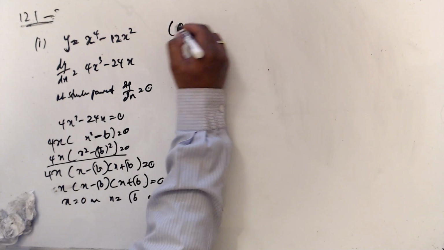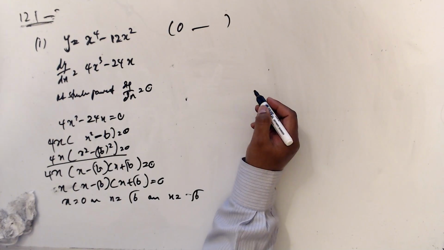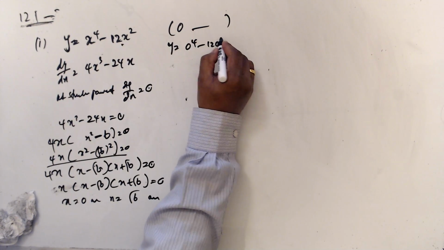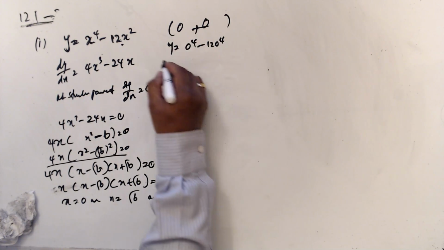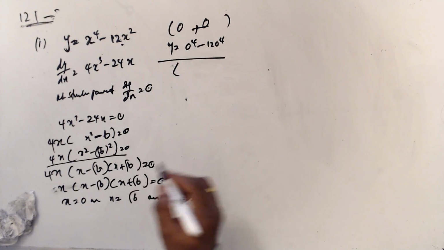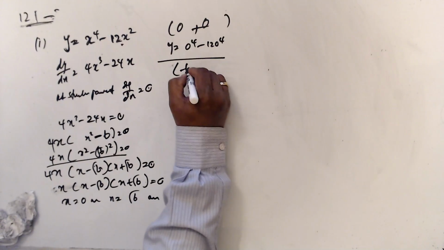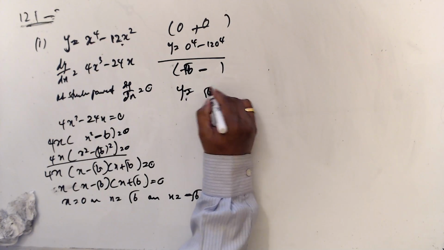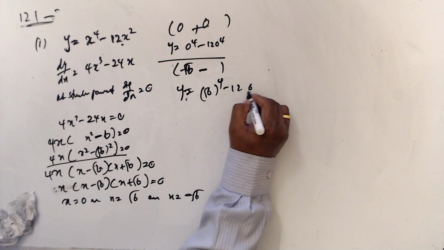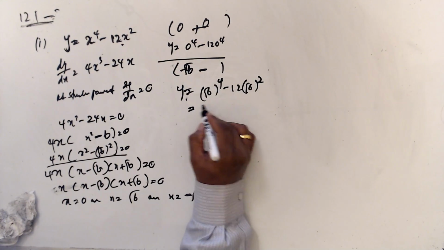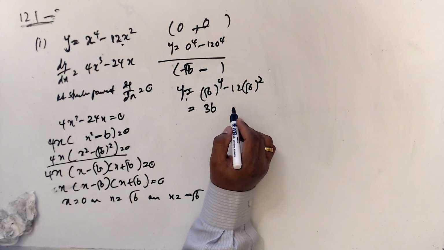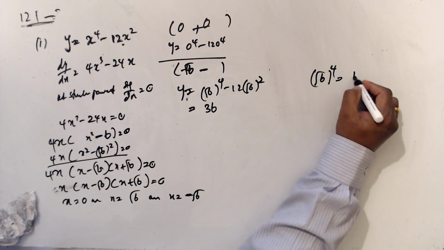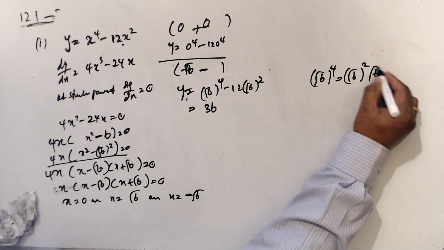x equals 0. What is y? It is easy. y equals 0 to the 4 minus 12 times 0 squared, which is 0. Then x equals minus square root 6. What is y? y equals square root 6 to the 4 minus 12 times square root 6 squared. Square root 6 to the 4 means square root 6 squared times square root 6 squared.